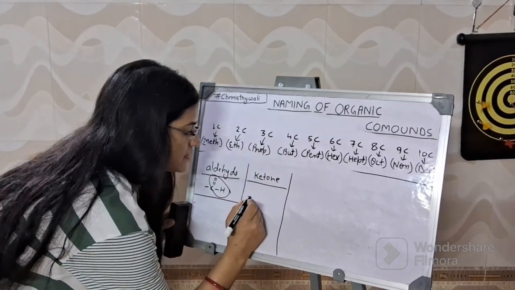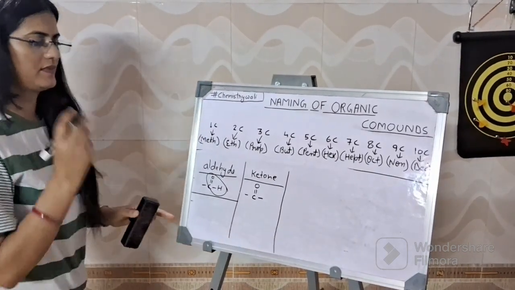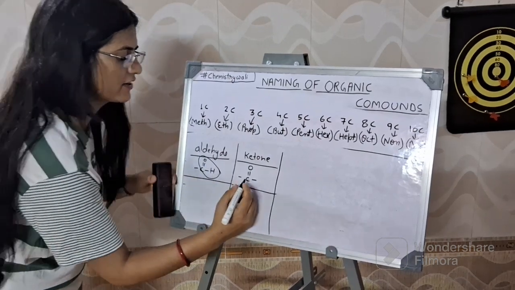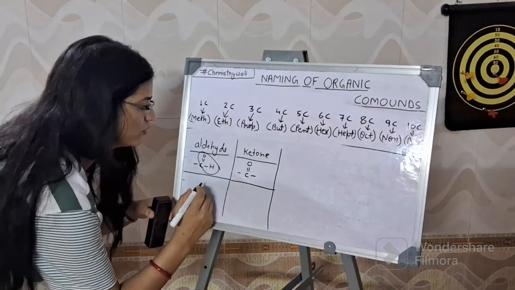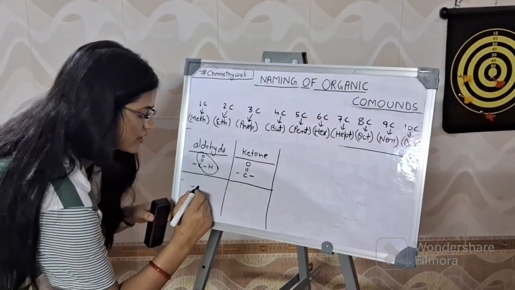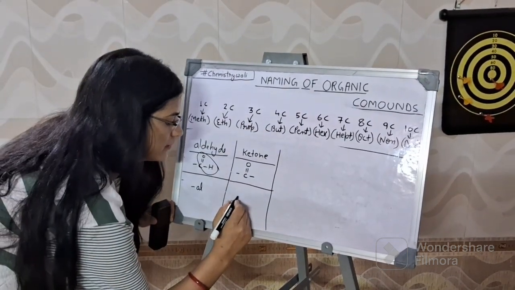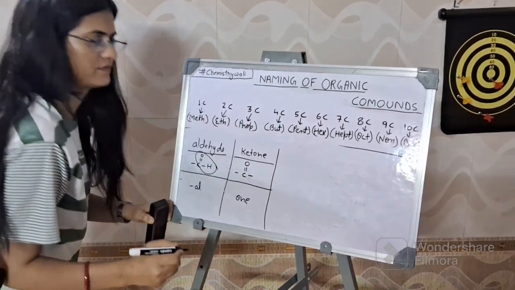And ketone is C double bond O. This is ketone. For aldehyde, the suffix we are using is al. For ketone, we are using one.